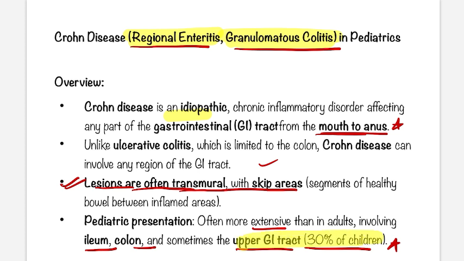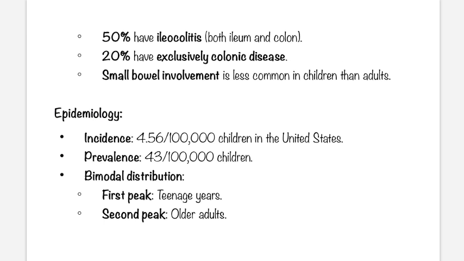The upper GI tract is involved in 30% of patients in the pediatric population. 50% have ileocolitis, 20% have exclusive colonic disease, in contrast to UC 100%, and small bowel involvement is less common in children.